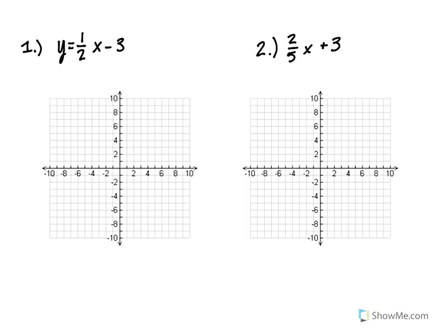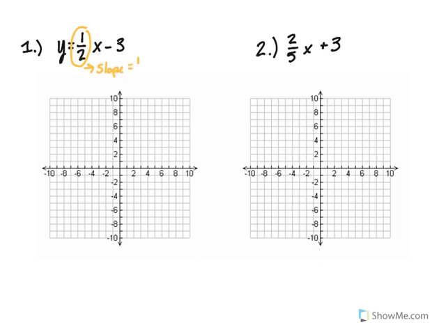So here are the first 2 problems on your worksheet, and we're going to go ahead and graph those. First of all, this 1/2 is our slope, and slope is rise over run. Also, it's change in y over change in x. You guys should have seen change in y over change in x in 8th grade.